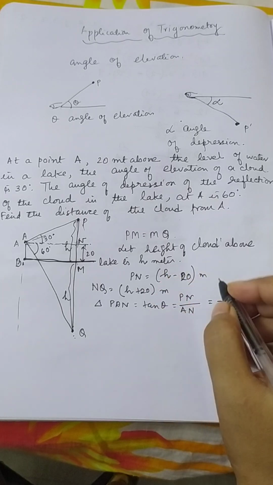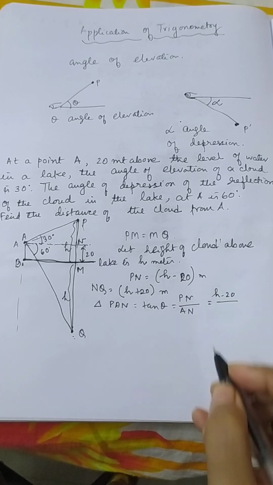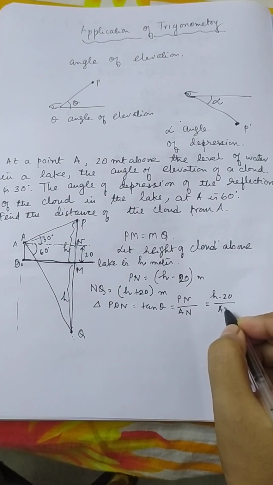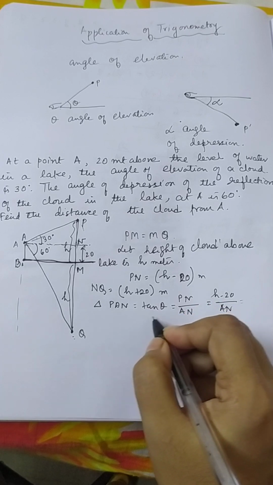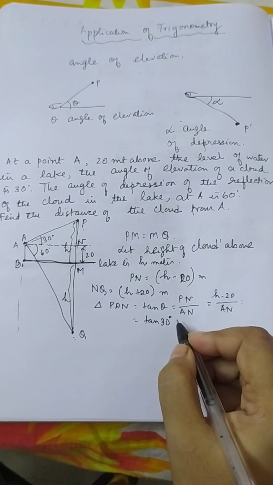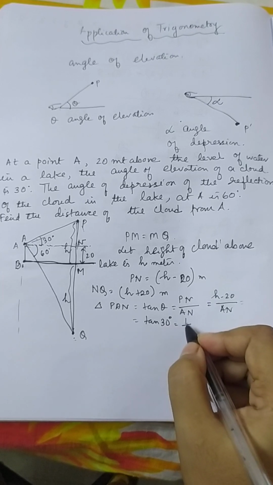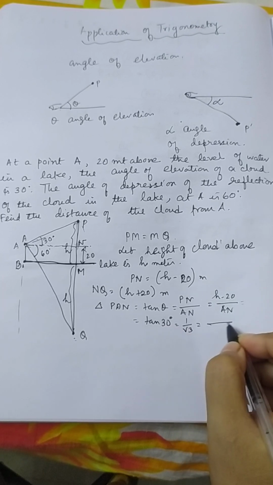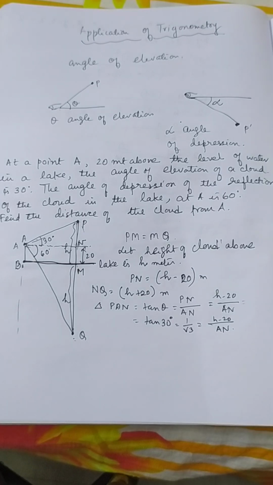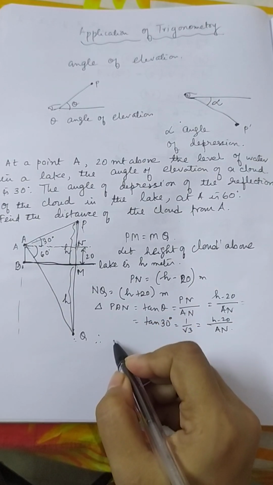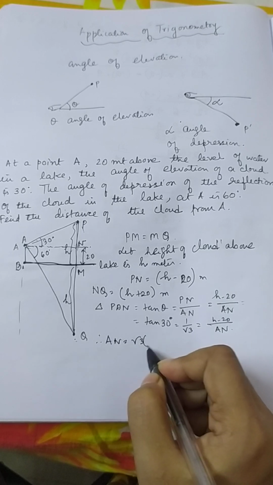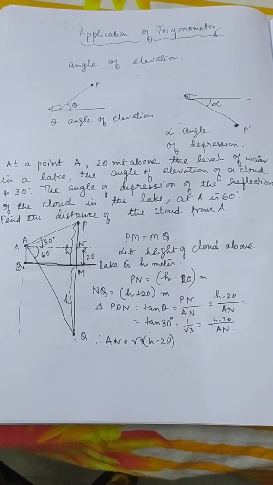PN, we know, is h minus 20, and AN we don't know. So tan theta equals tan 30 degrees, which is equal to 1 by root 3. So 1 by root 3 equals h minus 20 by AN. In other words, AN is equal to root 3 into h minus 20.